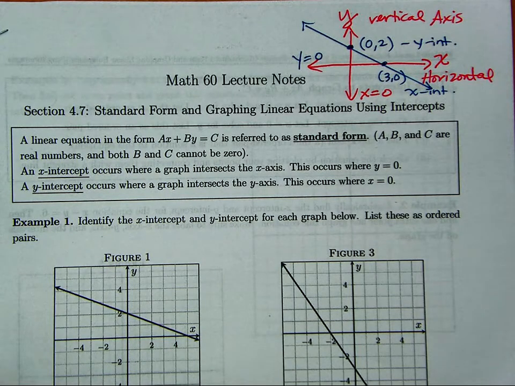So what's really nice about knowing those intercepts, we can use that. We're going to be using intercepts. That's why I say memorize these concepts right here, because in Math 65, when we graph, we'll use intercepts. In Math 95, when we graph, we'll use intercepts. Why do you think mathematicians love intercepts so much? Because 0 is our best friend. 0 is the best friend of any mathematician because a mathematician does not want to do hard work.